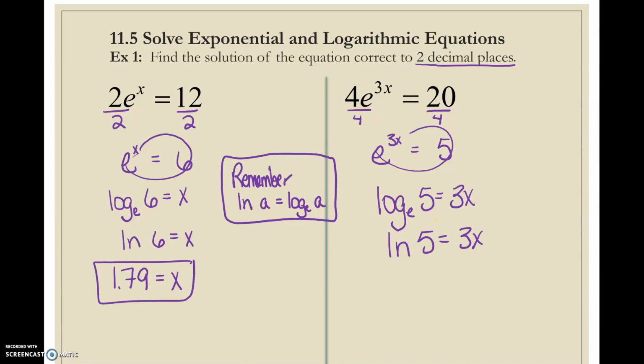So we punch in ln of 5 is 1.61. And then we need to finish this off by dividing by 3 to get x completely by itself. So 1.61 divided by 3 is .54.